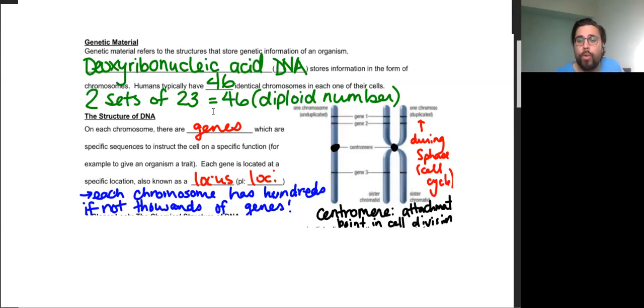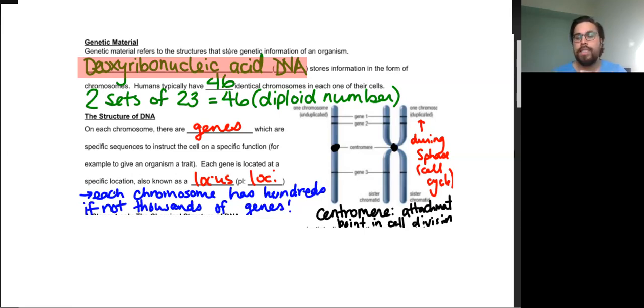It's stored in the form of DNA, or deoxyribonucleic acid. Now, many of you have probably heard this term before. Many of you know what this term means, but DNA stores information in the form of chromosomes. These chromosomes are groups of genes that are responsible for passing on our traits, so to speak.